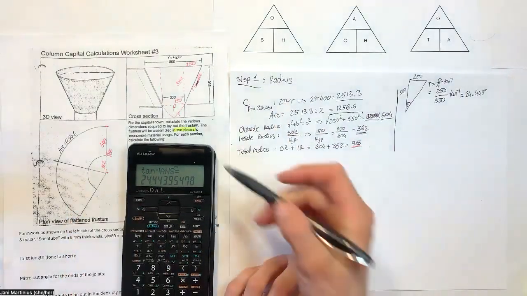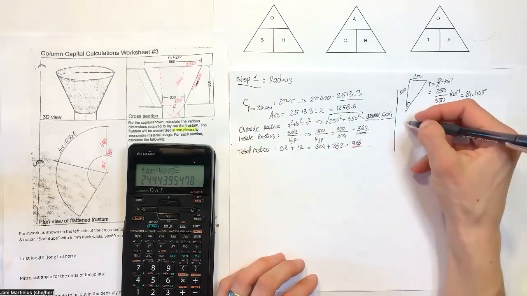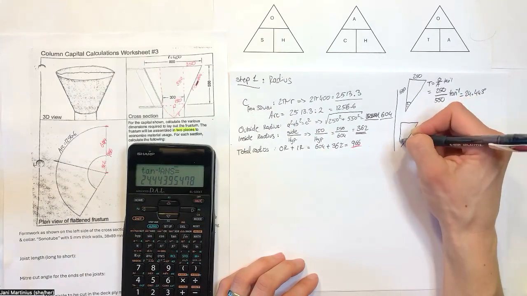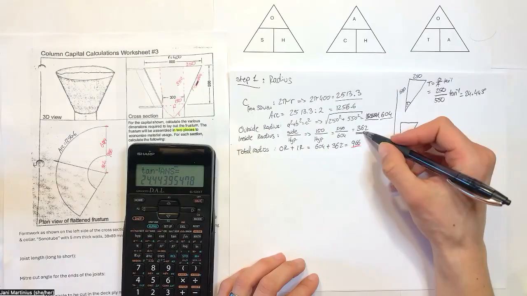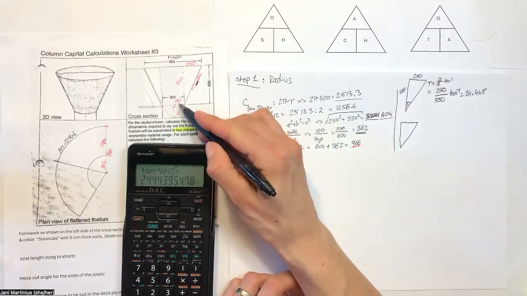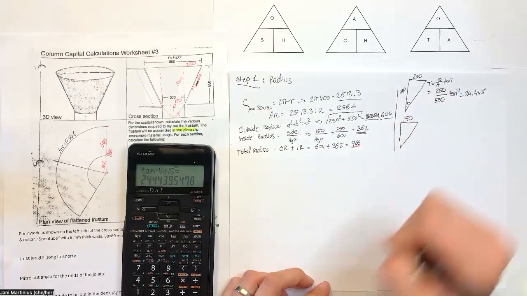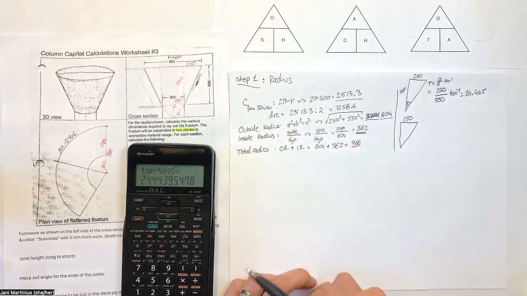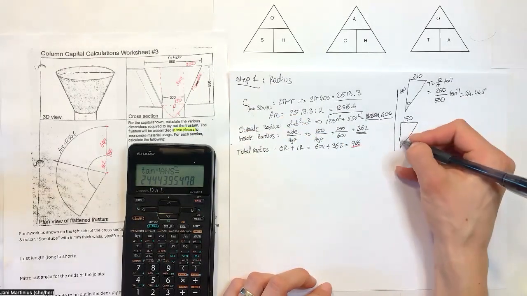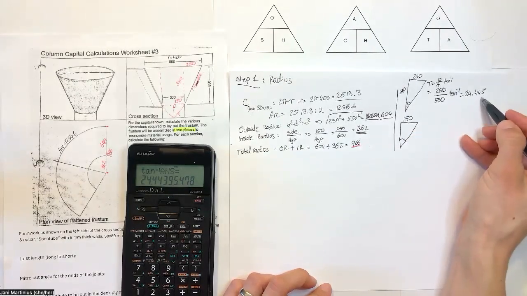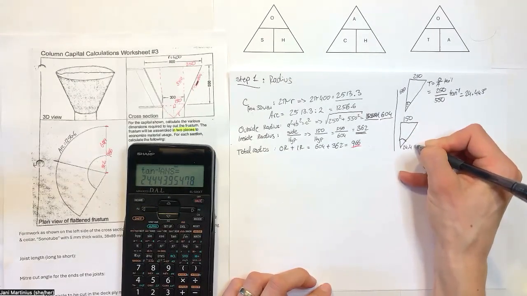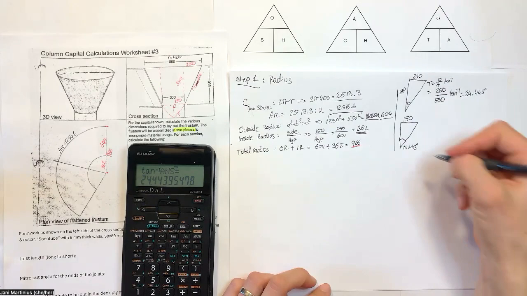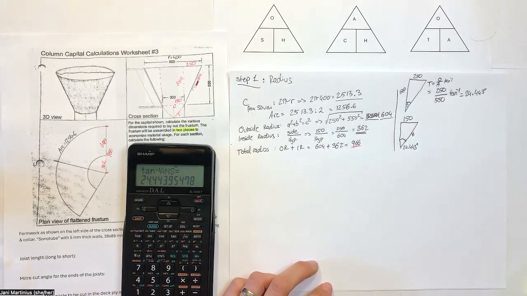Now from here, with this little triangle, if I draw that out as well, if we're still trying to find our inside radius, that's what I'm trying to show you here. The only number we actually have given to us is the 150. Right? If we kind of forgot we could do Pythagorean or that we could do ratio and proportion like we did here, well, do we know this angle? Yes, we do. We just figured it out. 24.443 degrees. If I wanted to find the hypotenuse, what could we use?